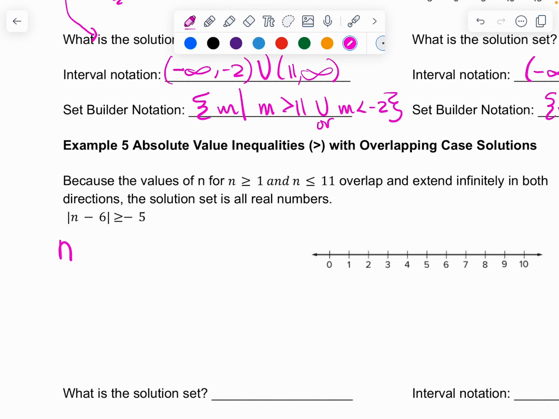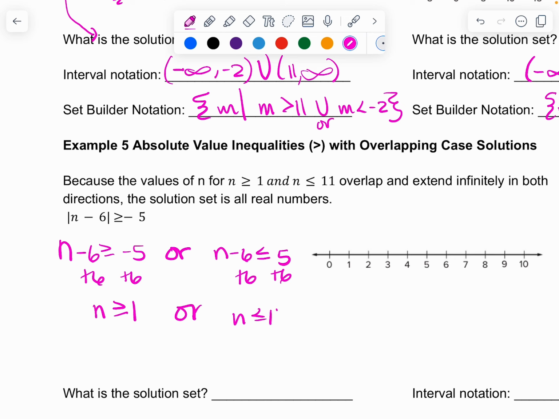So n minus 6 is greater than or equal to negative 5, or n minus 6 is less than or equal to positive 5. So I add 6 to both sides. I get n is greater than or equal to 1, or add 6 to both sides, and n is less than or equal to 11.